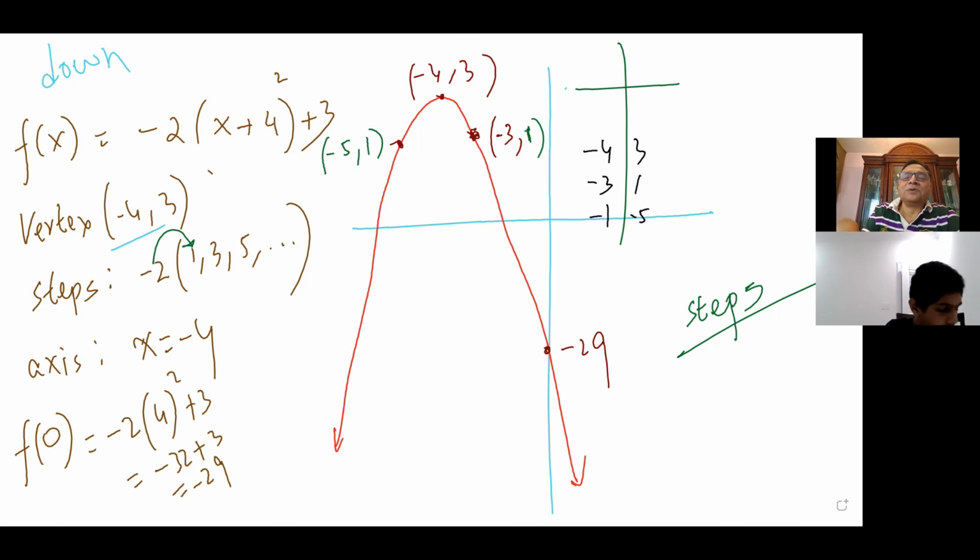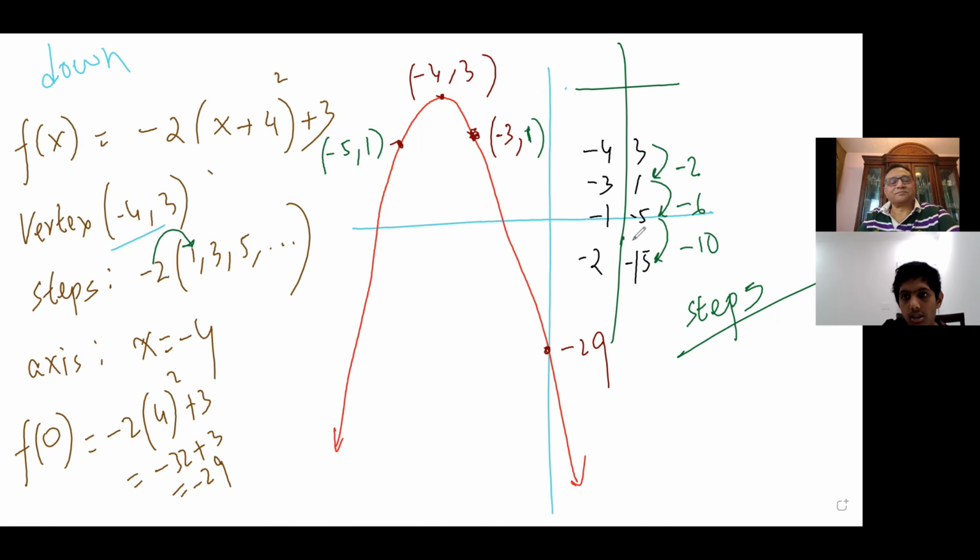So that becomes very cool. Do you see how easy it is now? Minus 10 next time to get the next value. And at minus 2, minus 10 will give me minus 15. And then 1, 3, 5, 7, I have to do minus 14.